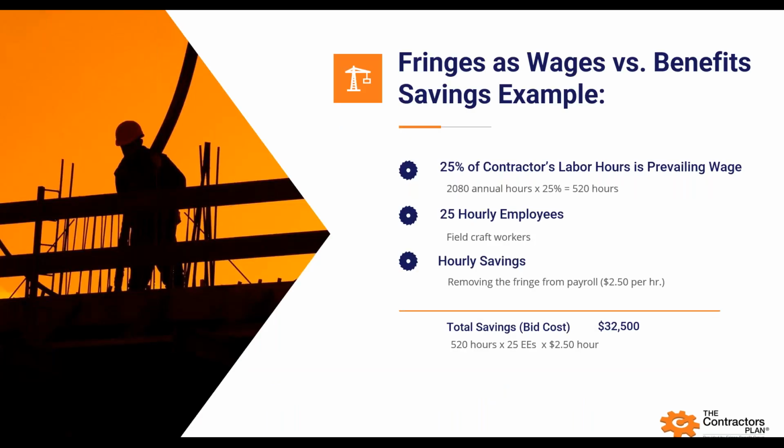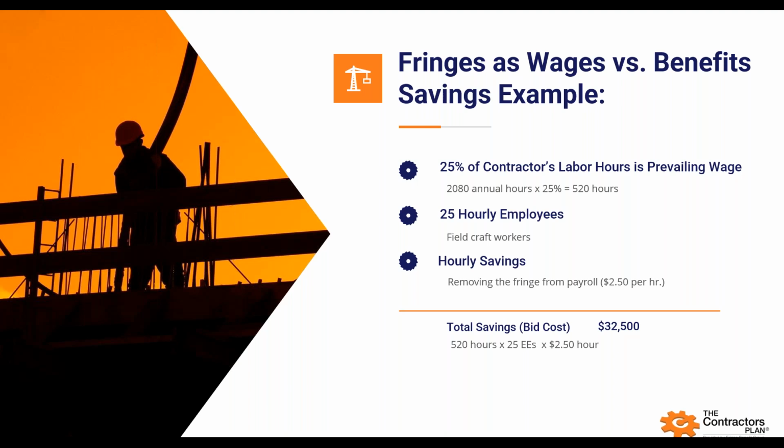Here is an example using those same numbers for the contractor overall. In this case, about a quarter of the contractor's labor hours are prevailing wage. Government gives us a safe harbor of 2,080. I know most craft workers aren't working a straight 40-hour-a-week, 52-week-a-year scenario, but we'll just use that. Times 25% is 520 hours.